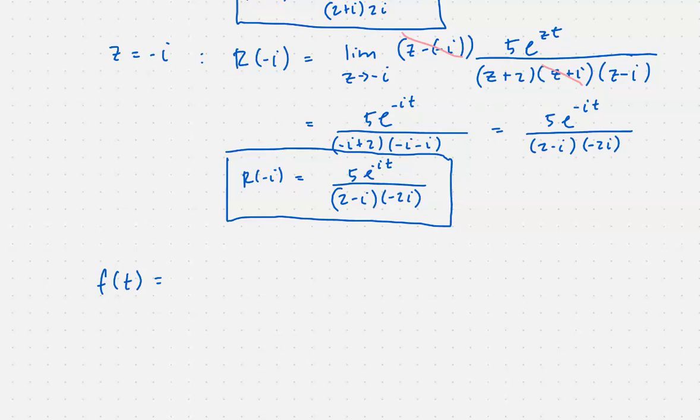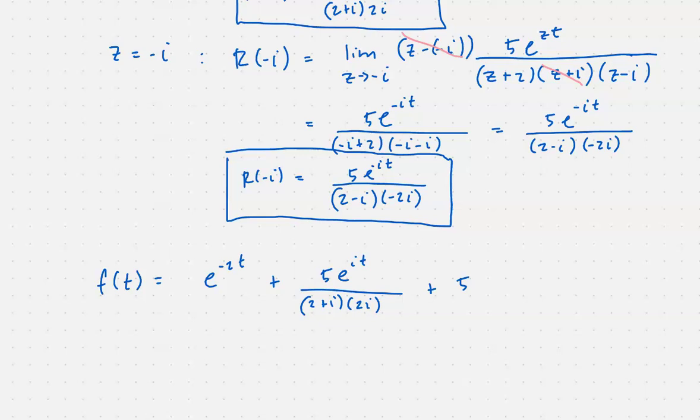The first one is e raised to negative 2t. The second one is 5e raised to it over (2 plus i) times 2i. And we have 5e raised to negative it over (2 minus i) times negative 2i.